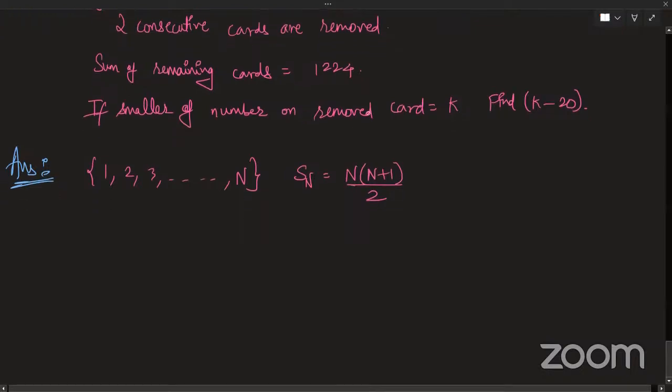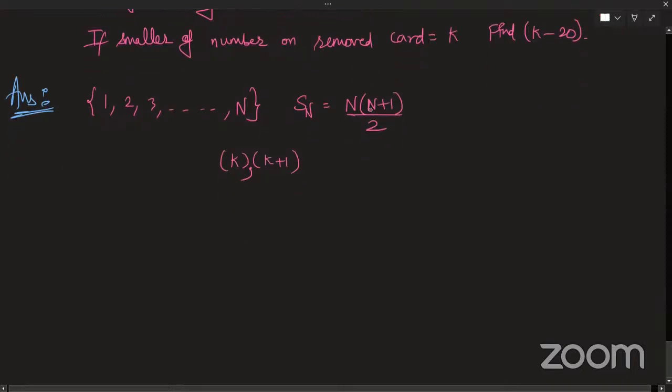So from that you have removed two cards, two consecutive cards. So what should I assume? k and k plus 1. Yes, k and k plus 1 are the two cards that I have removed. So basically, from the sum n into n plus 1 by 2, I have removed 2k plus 1, because k and k plus 1 are removed.